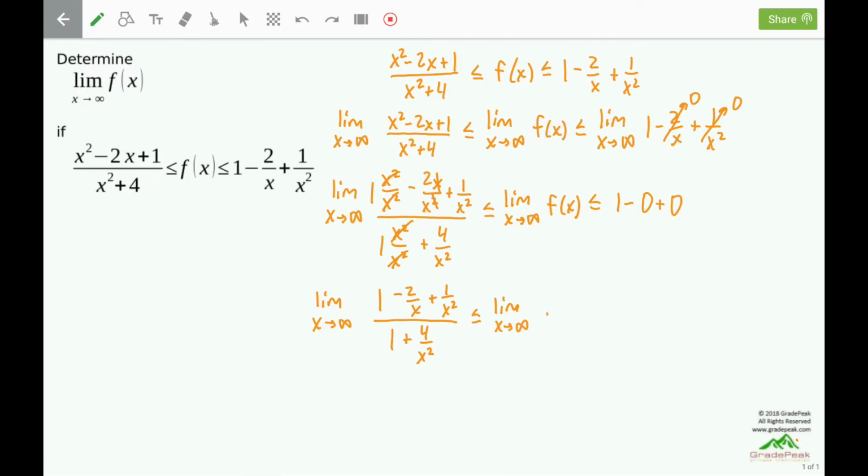The middle limit we will leave as is. And the rightmost limit is 1 minus 0, which is 1, plus 0. Back to the leftmost limit.